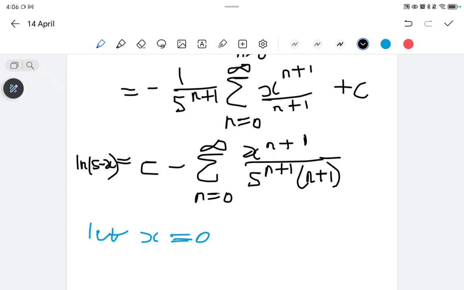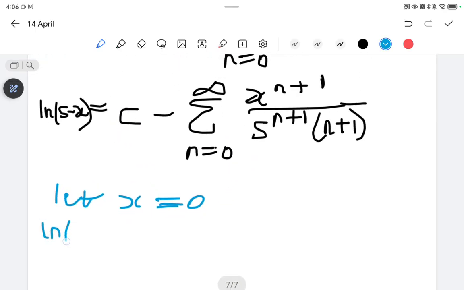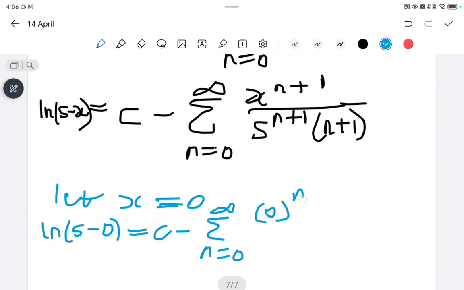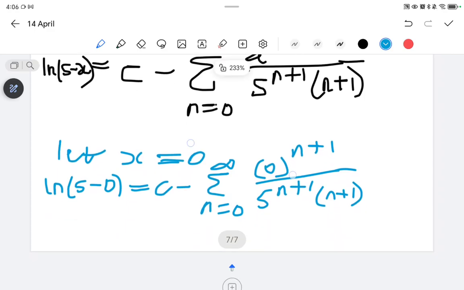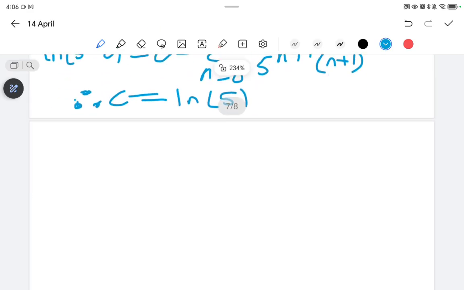I'll come there and say this is ln of 5 minus 0, which is equal to c minus the summation n equals 0 of 0 to the n plus 1 over 5 to the n plus 1 times n plus 1. So this whole thing will be 0. Therefore c will be equal to ln 5. You see, right?